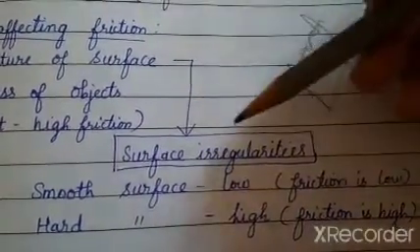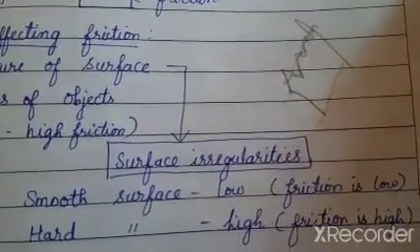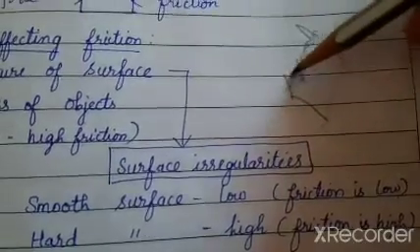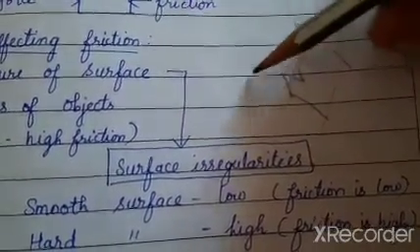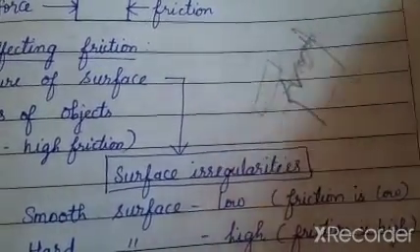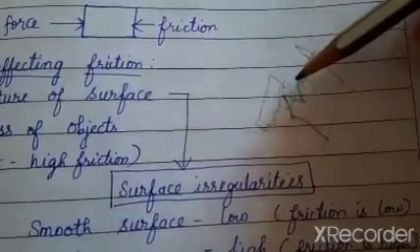Okay, so how do we overcome these irregularities? By the interlocking. So this is a table. Its surface has some irregularities. If I place a book on this table, the book surface also will have the irregularities.